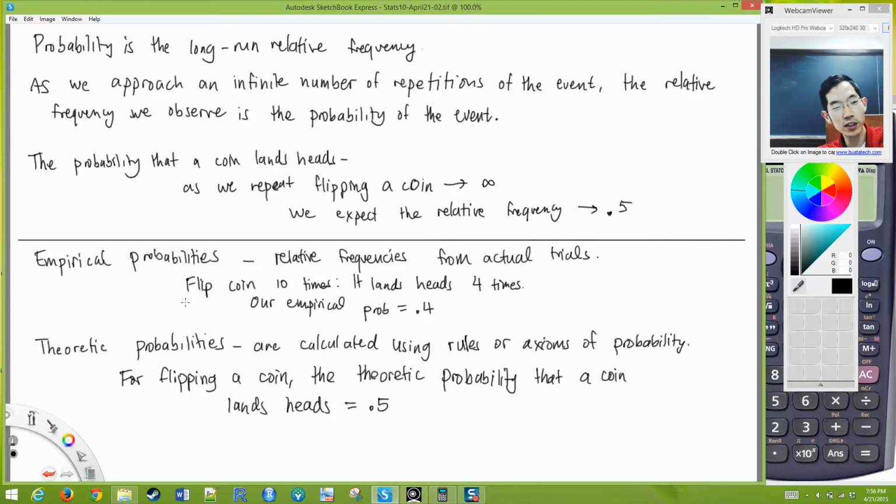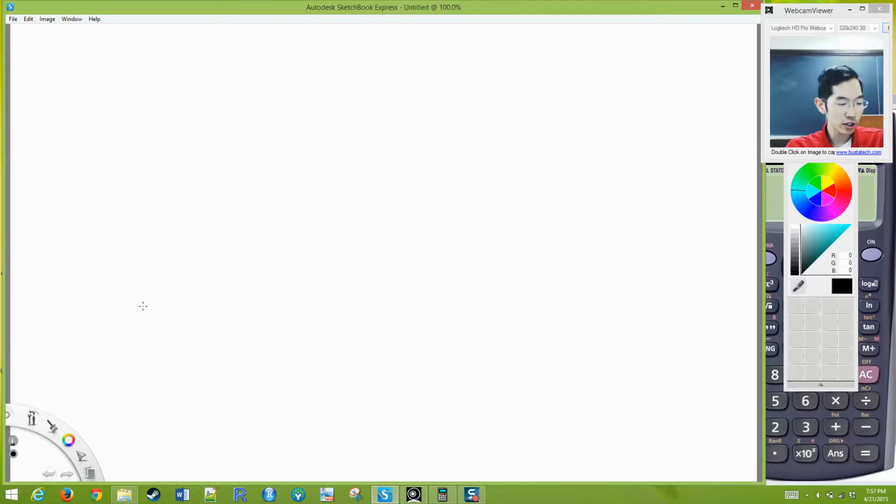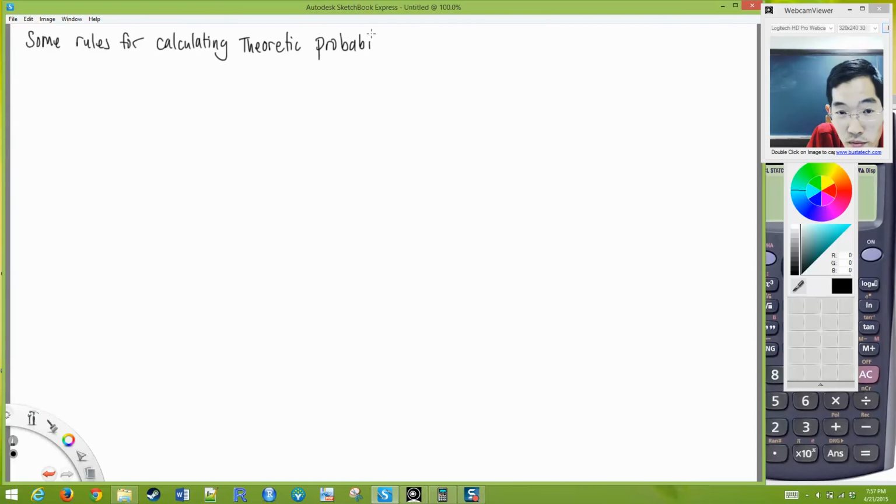For simplified things and a lot of the examples we cover in class, we're just going to focus on the theoretic probabilities. But we should not forget that empirical probabilities exist. Okay. All right, so let's get into some of the rules of theoretic probabilities. We're going to learn some rules for calculating probabilities.